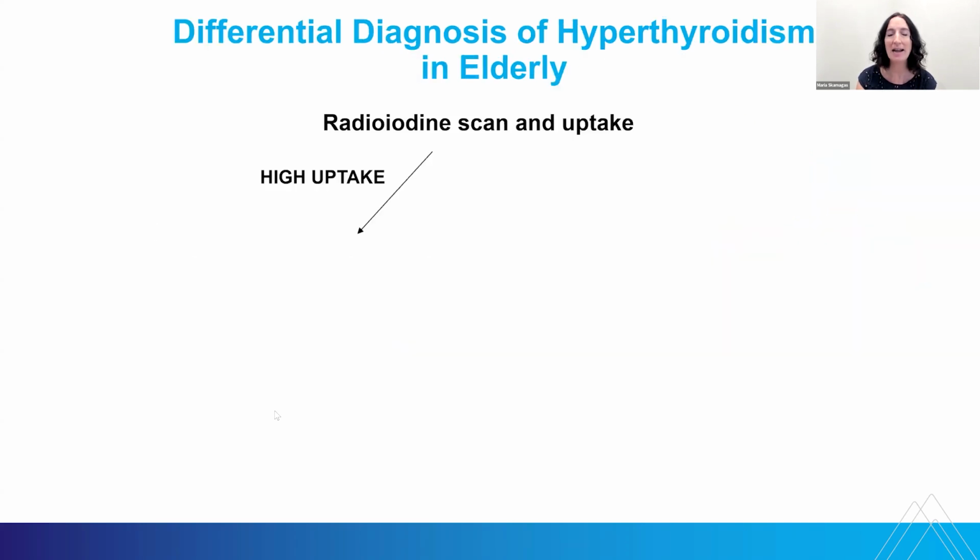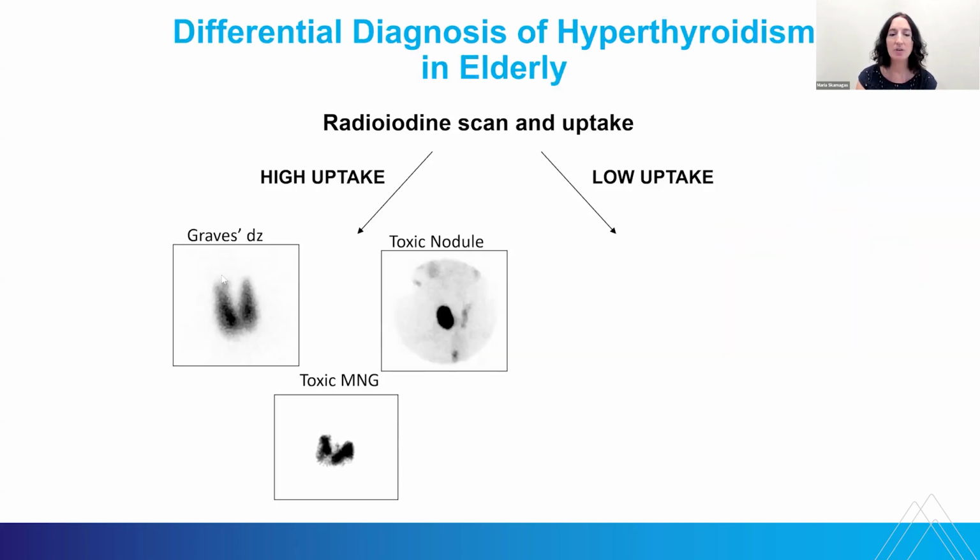So here, if you have high uptake and it's diffuse, that's a Graves hyperthyroid gland, where the TSH receptor antibodies are stimulating the whole gland to increase thyroid hormone production, to increase iodine uptake, and to increase T4 and T3. If you just have a solitary toxic nodule, you'll have one hot nodule light up and the rest of the thyroid gland will be suppressed.